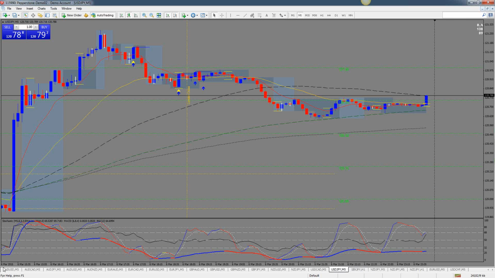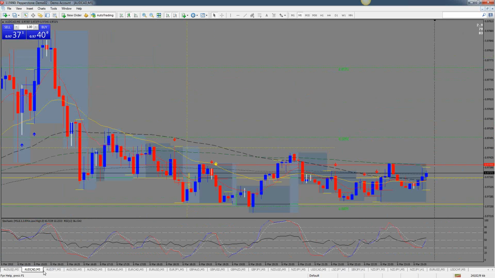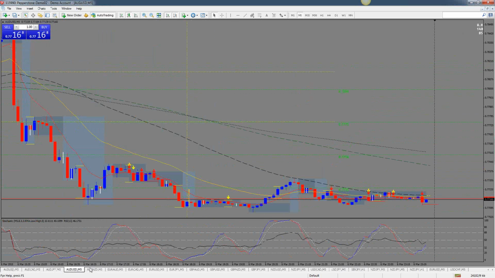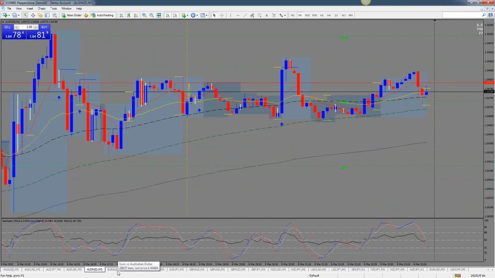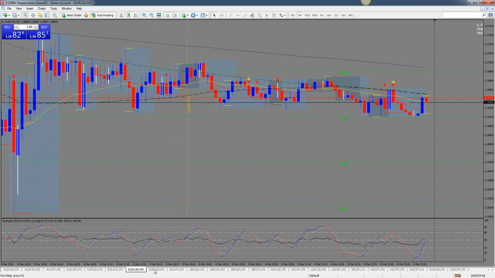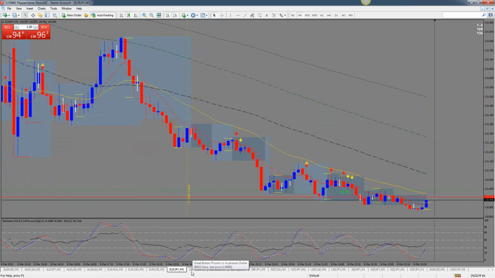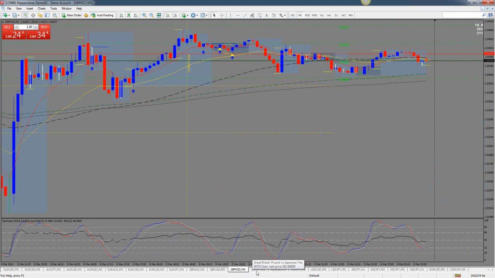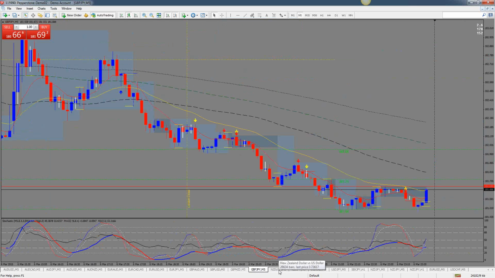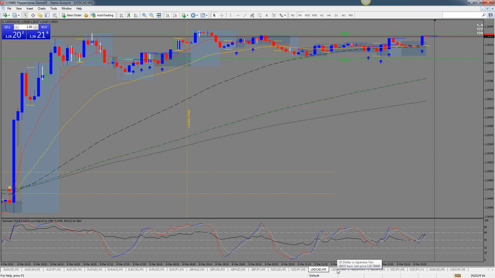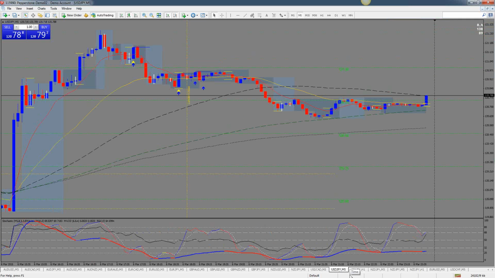So from this pair back this way: the AU, ACAD, AJ, AU again, AZ, Euro Aud, EuroCAD, Euro Dollar, Euro Yen, Pound Aud, Pound Dollar, Pound New Zealand, Pound Yen, New Zealand Dollar, New Zealand Yen, UCAD, UJ. Those are the pairs that I trade.